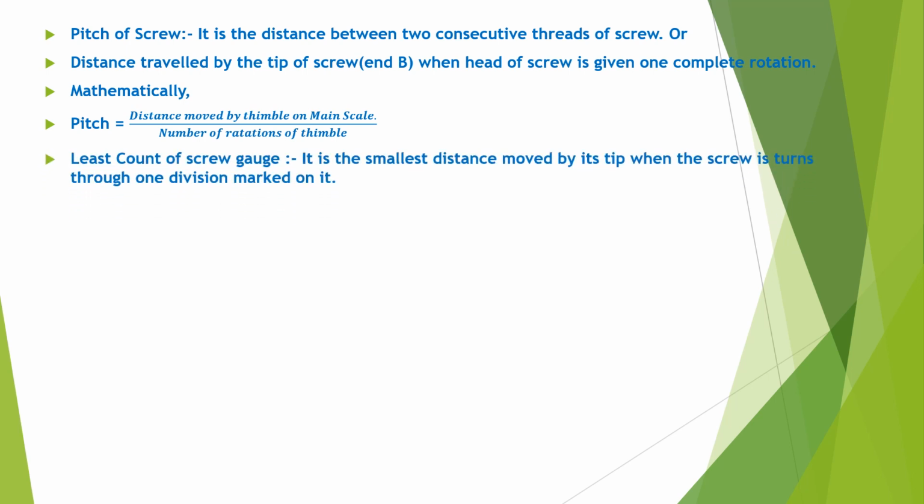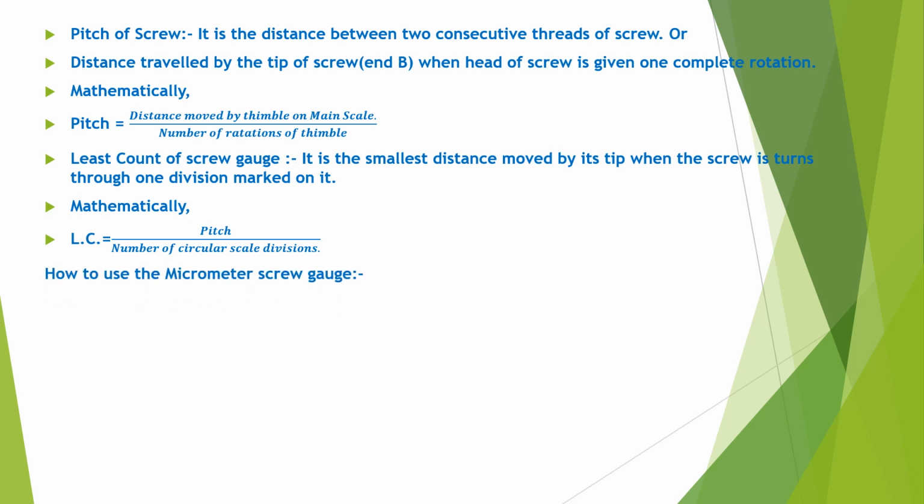Then we have the least count of the screw gauge. We have defined the least count of the vernier calipers also. The least count of the screw gauge is the smallest distance traveled by its tip when the screw is turned through one division marked on it. Mathematically, least count is pitch over the number of circular scale divisions.